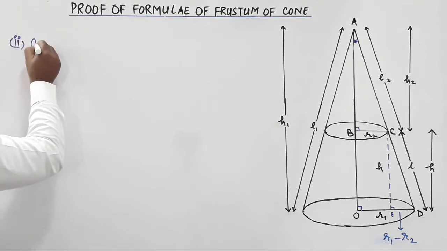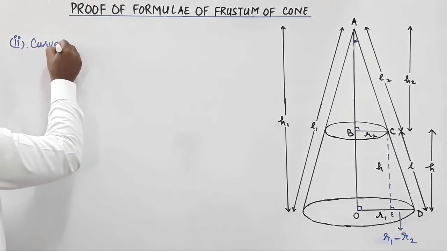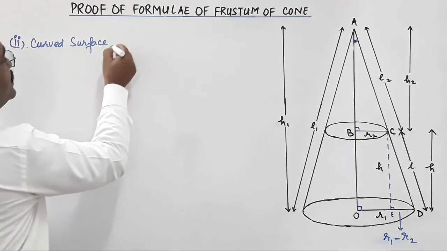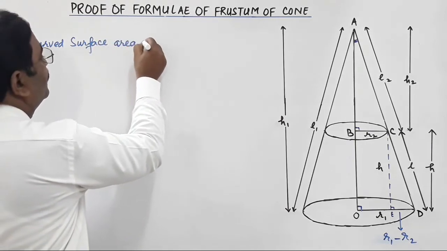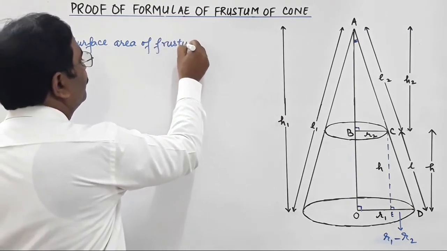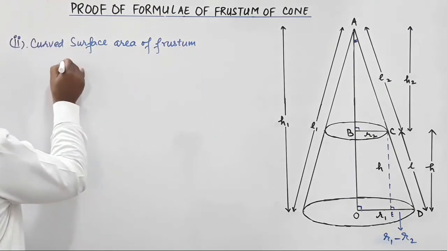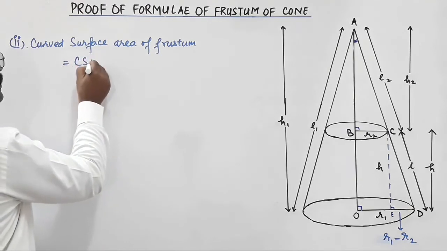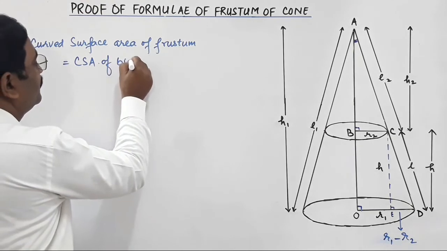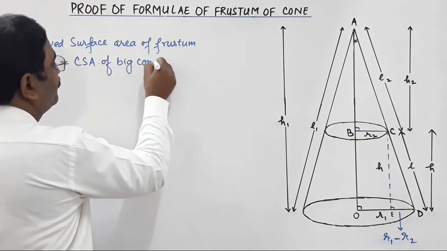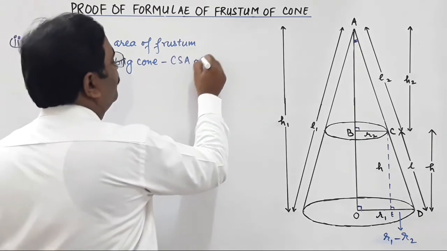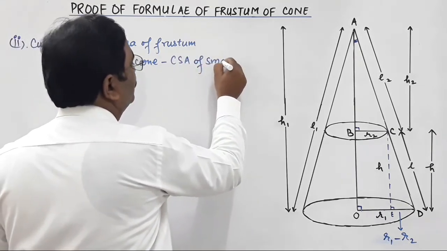The curved surface area of the frustum is equal to the curved surface area of the big cone minus the curved surface area of the small cone.